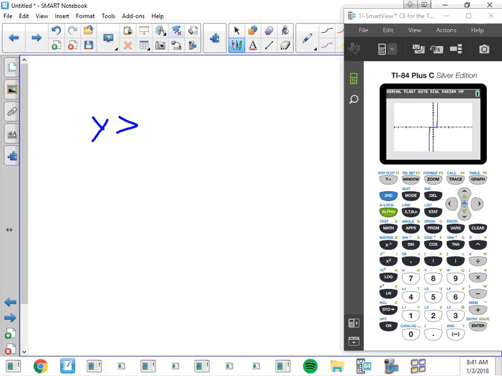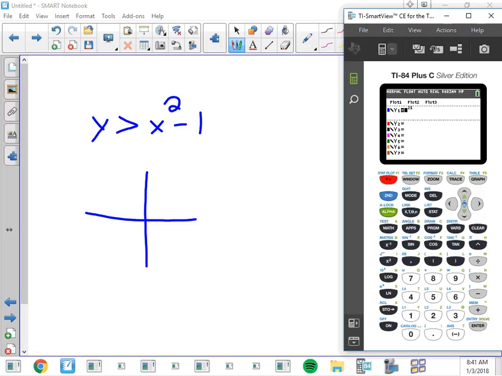Y is greater than x squared minus 1. Well, if I graph x squared minus 1, it's a parabola. So I'm going to go into y equals, and I graph x squared minus 1.